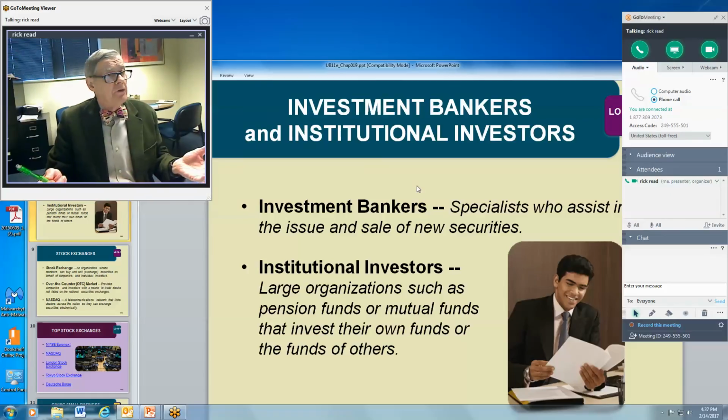Institutional investors are just what they say. These are large organizations or an organization that represents a large number of people. To give you an example, what I'm talking about is CalPERS. CalPERS stands for the California Personnel Retirement System.